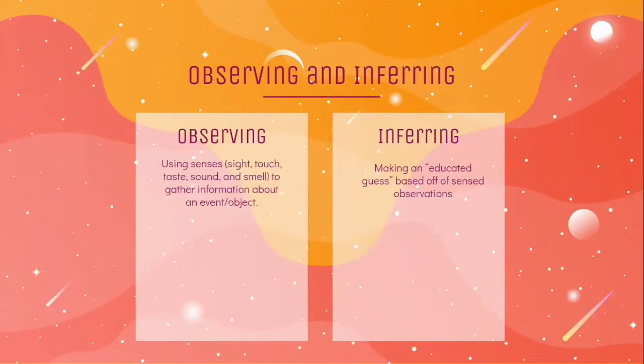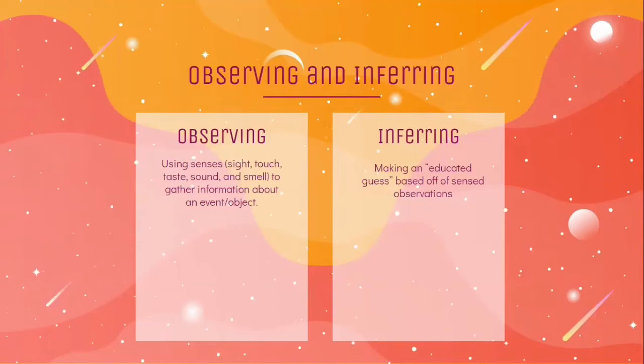Okay, an inference can be an educated guess, but a hypothesis is actually based upon observable evidence relating to the topic. Like there's a little bit more research involved, there's a little bit more information available to you that helps you create the construction of the hypothesis, whereas an inference can just be very simple, an educated guess. Okay, but we still use observations to make inferences like we would if we were making a hypothesis.